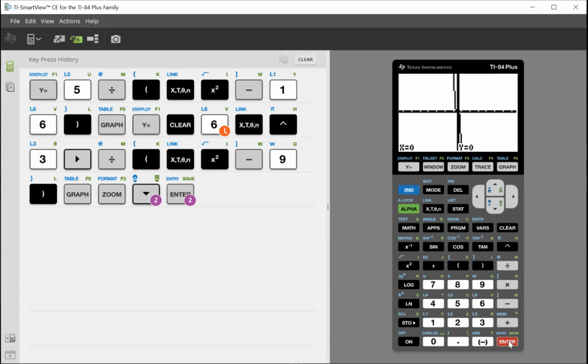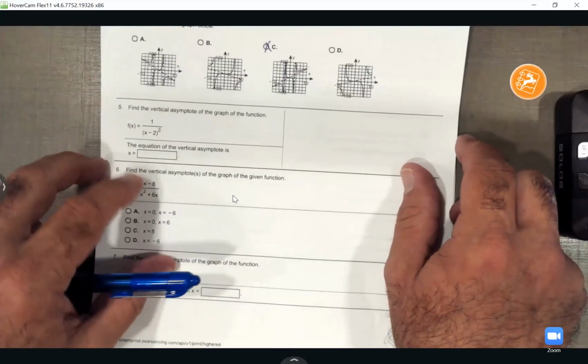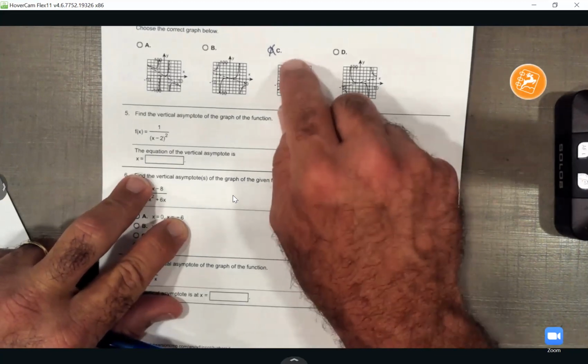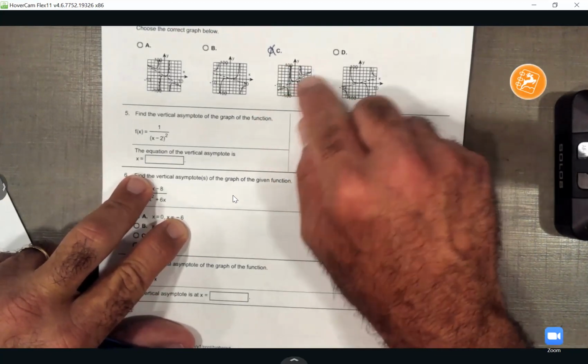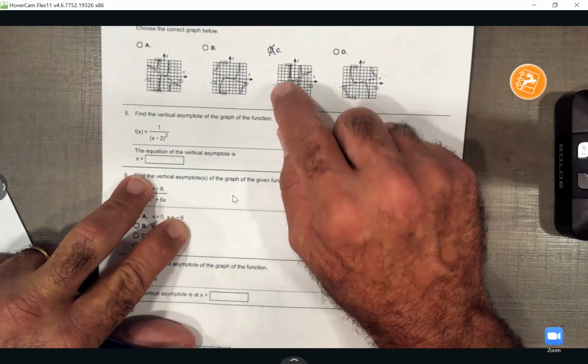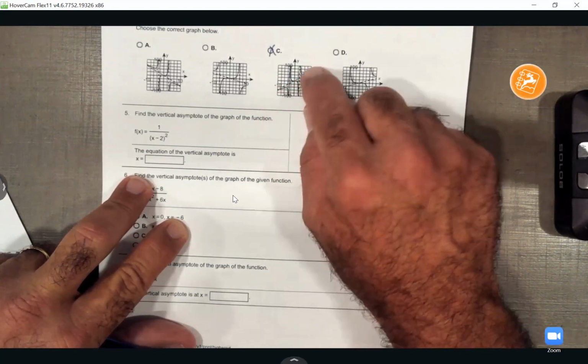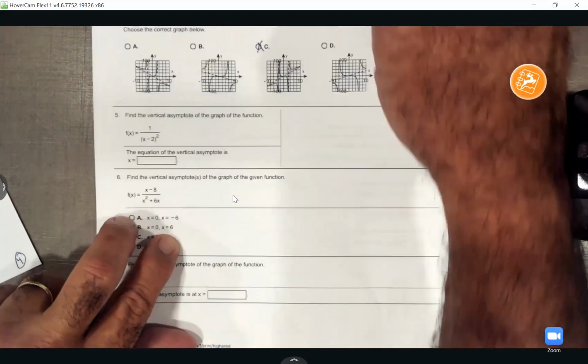Oh, what's it doing? Well, it's not drawing the whole graph like these have on them. So let me show you. Only part it showed me on the graph was that middle part. So just remember where your asymptotes are, and it's got to go uphill since the 6 is positive.